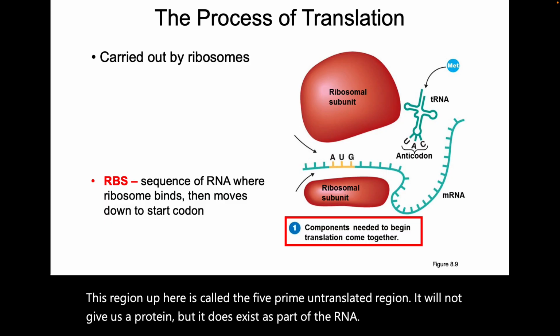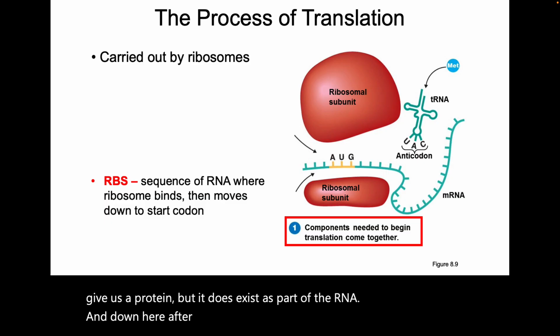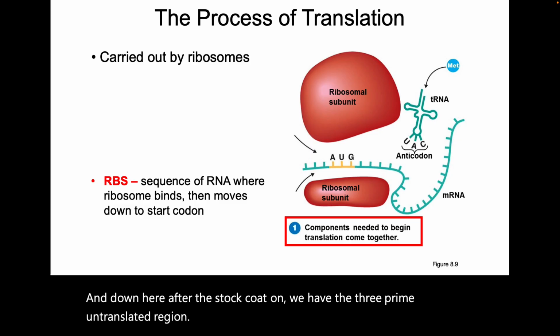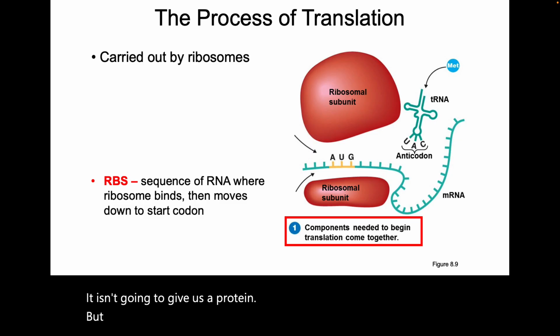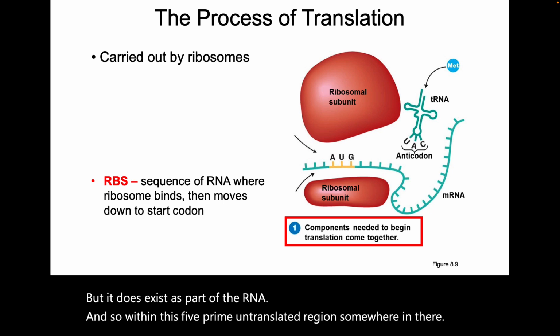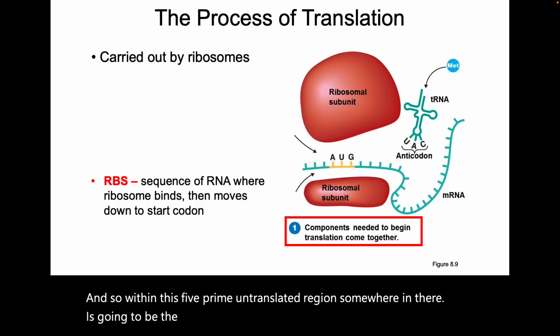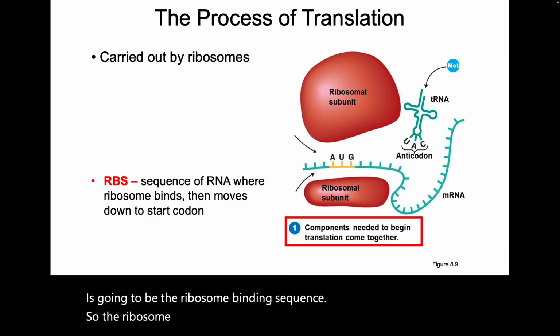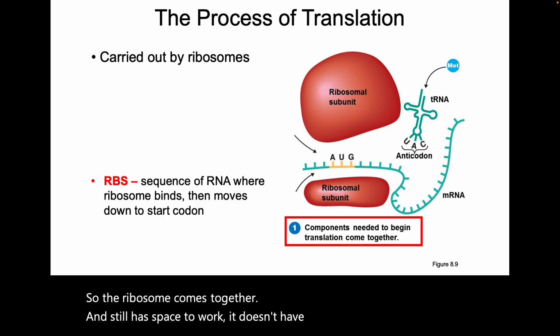And down here, after the stop codon, we have the 3' untranslated region. It isn't going to give us a protein, but it does exist as part of the RNA. And so within this 5' untranslated region, somewhere in there is going to be the ribosome binding sequence. So the ribosome comes together and still has space to work. It doesn't have to start work right there.